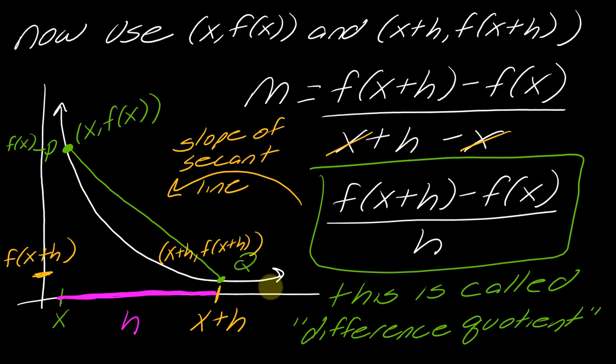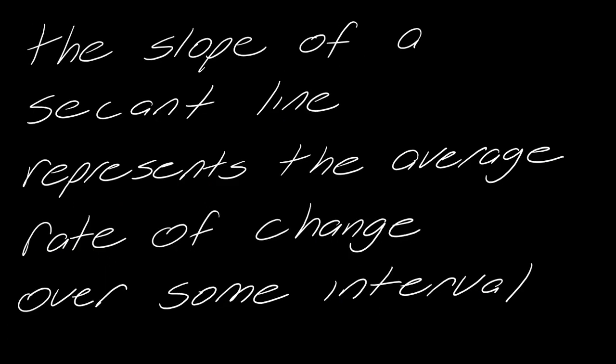If I wanted to know my average speed in a period of time from this point to this point, I would calculate the slope of this secant line, and that would tell me the average speed I had as I was braking. We could think of it like that. So it's an important concept.